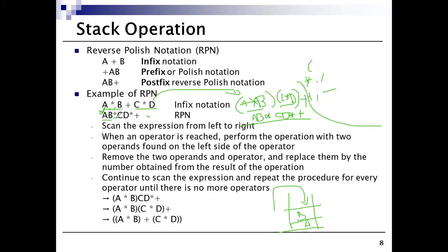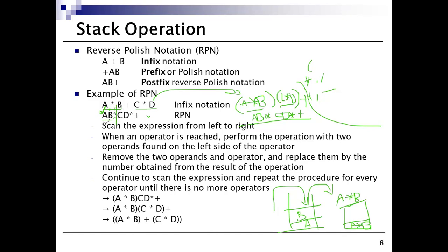If it is an operator, then we will perform two pop operations from the stack, and between those two, that particular operation is carried out, and the result of that operation is placed again onto the stack. The result is again one element only that is placed onto the stack.